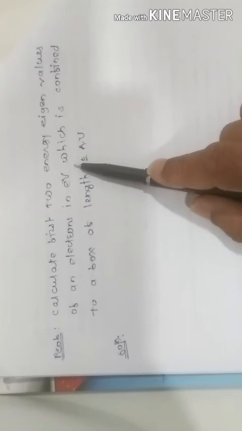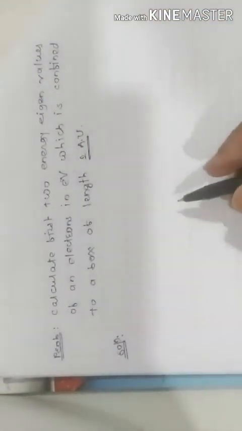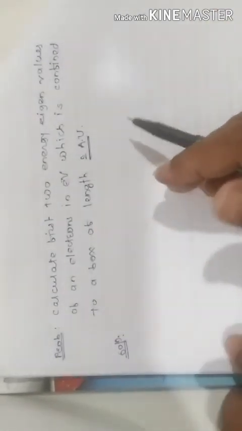The problem is: calculate the first two energy eigenvalues of an electron in electron volts which is confined in a box of length 2 angstrom units. So I have to find the first two energy eigenvalues.